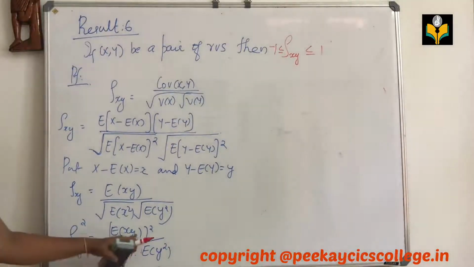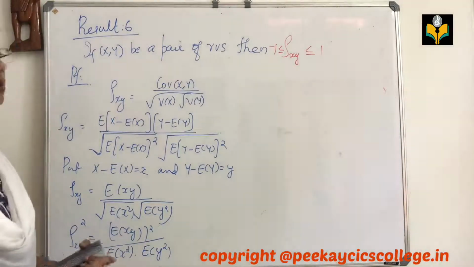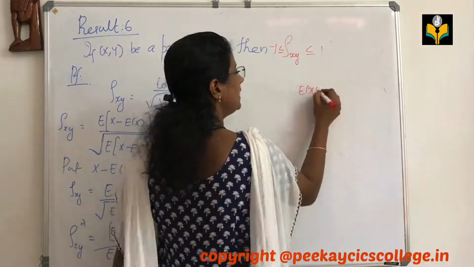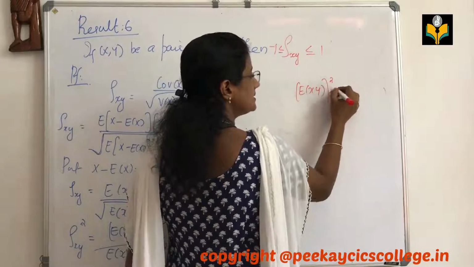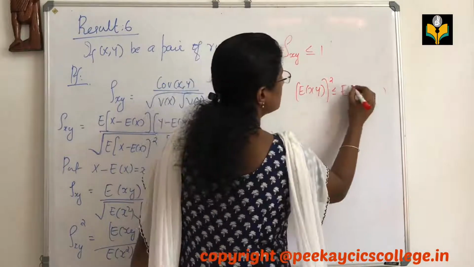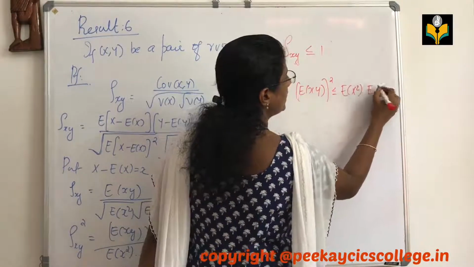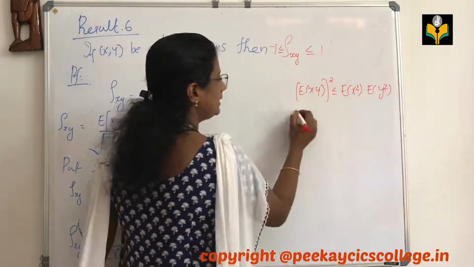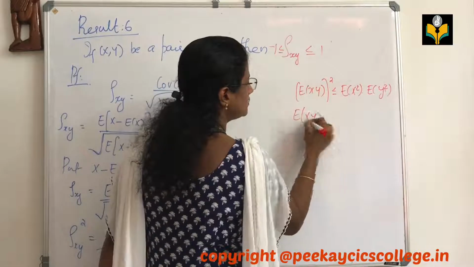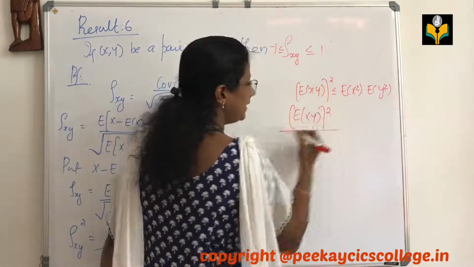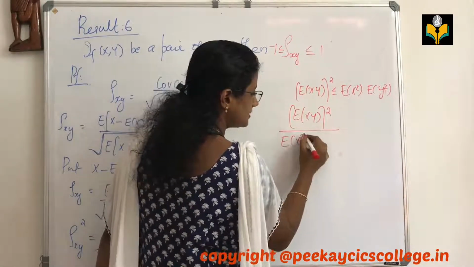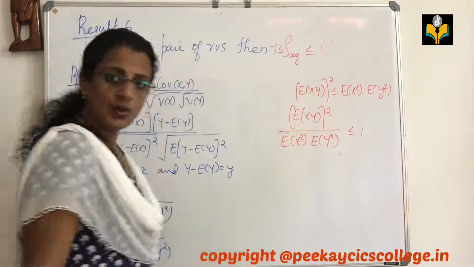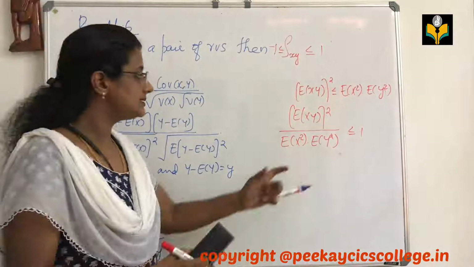We are familiar with these two terms. എന്തായിരുന്നു അത്? Schwarz inequality നമ്മൾ പഠിച്ചിട്ടുണ്ടായിരുന്നു. Schwarz inequality എന്തെന്ന് പറഞ്ഞാൽ expectation of xy the whole square less than or equal to expectation of x square into expectation of y square. ഓക്കെ, അപ്പോൾ ഈ quantity expectation of xy the whole square divided by expectation of x square into expectation of y square less than or equal to 1. Okay, we can use this result here.